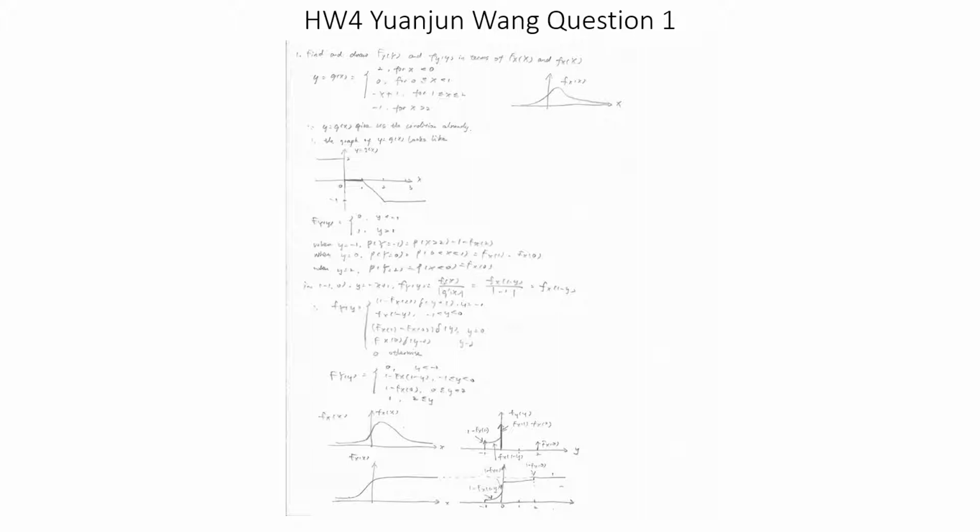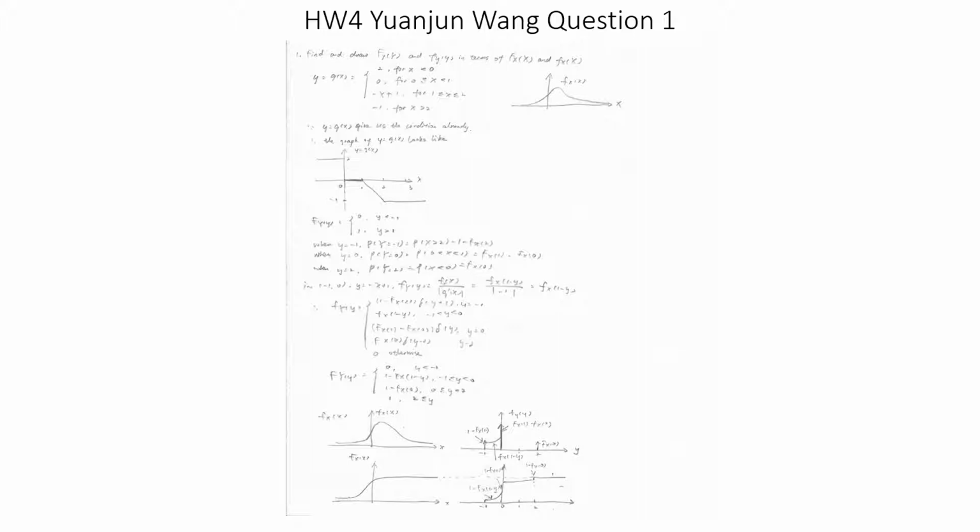In between negative 1 and 0, y equals negative x plus 1, so fy of y equals fx of x over the absolute value of the derivative of g of x, which equals Fx of 1 minus y over the absolute value of negative 1, which equals Fx of 1 minus y.